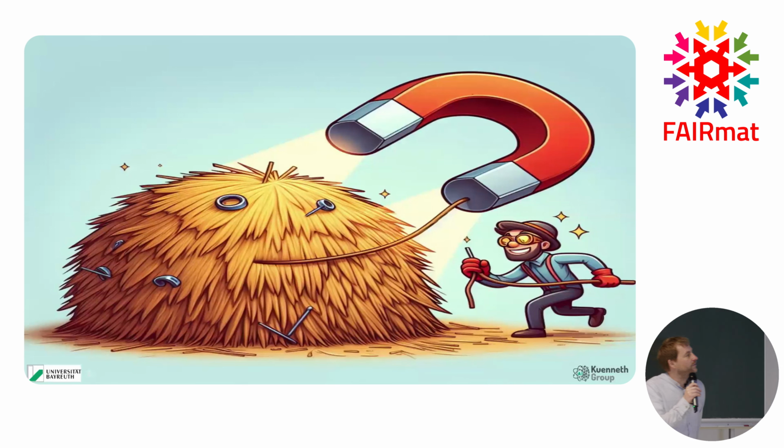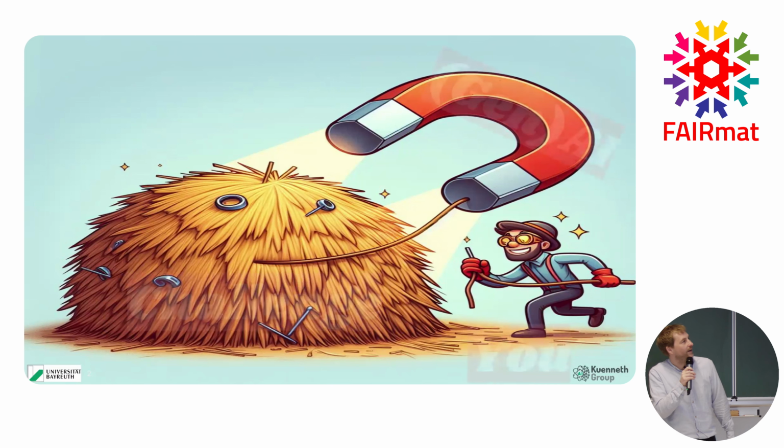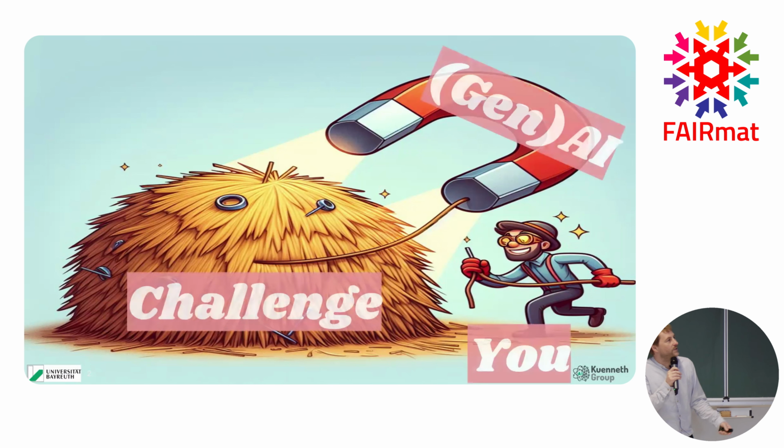I like to start with this image, where you can see a haystack, and needles in that haystack, and also a magnet and a person. You might see that this is AI generated, by a large language model around 2023, so pretty bad quality. But still, we understand what is in the picture. This is somehow our challenge that we all face.